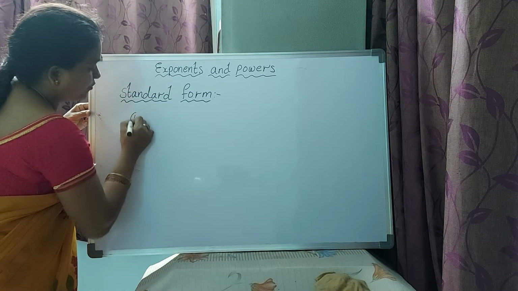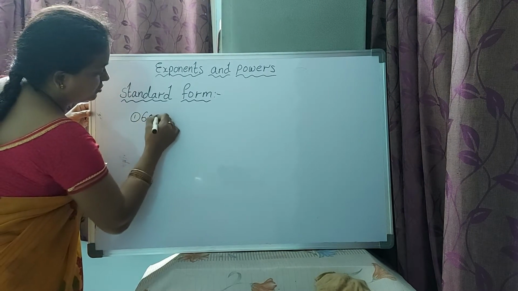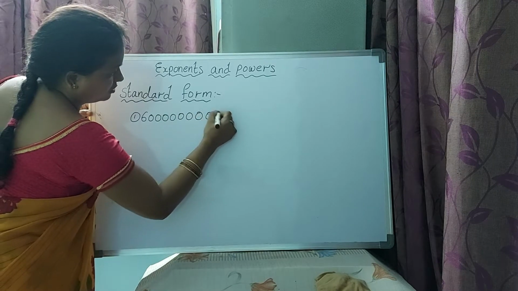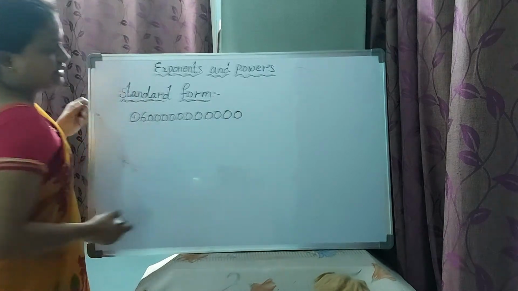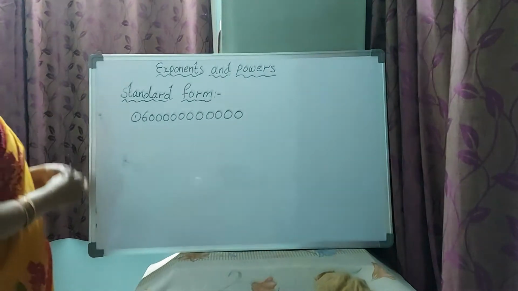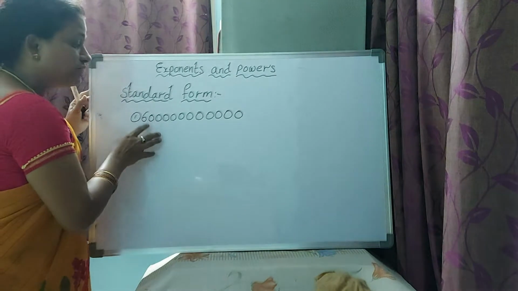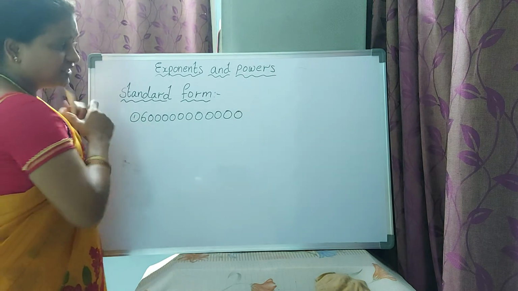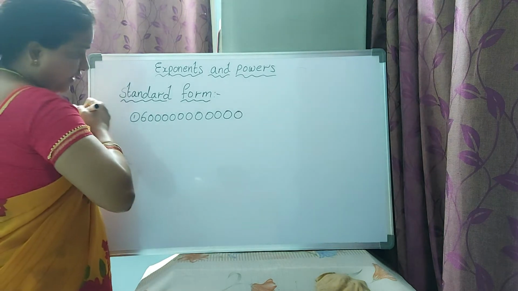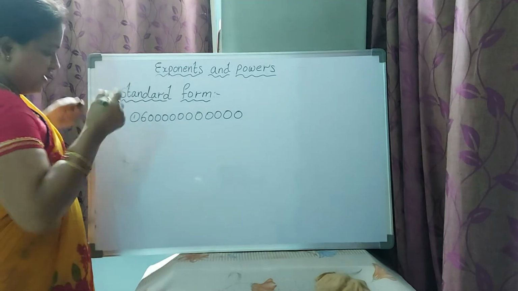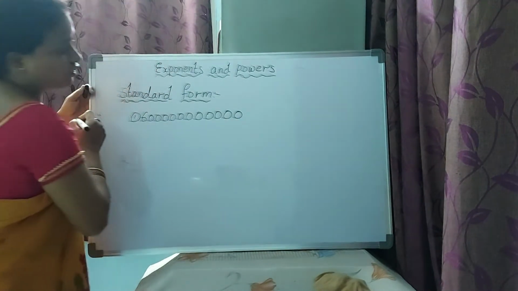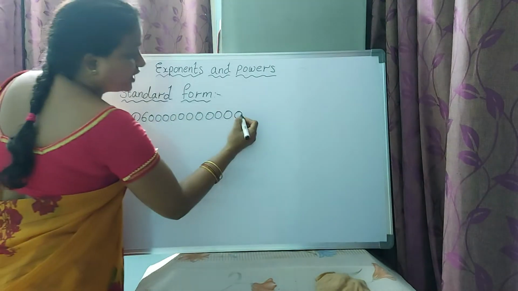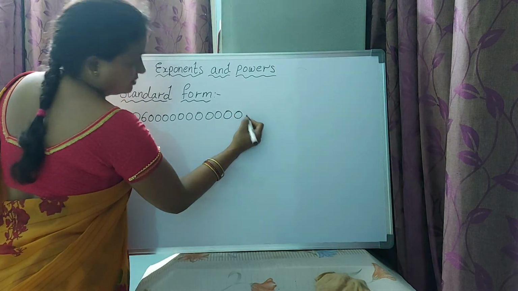See, for example, first one, 6 0 0 0 0 0 0 0 0 0 0 0 0 0, like this. One number is there. I want to convert this number for my convenience, because for normal numbers, we have to assume that the point is here.